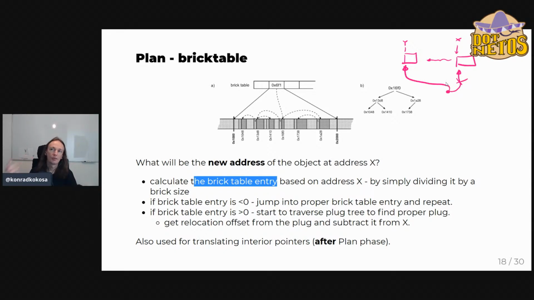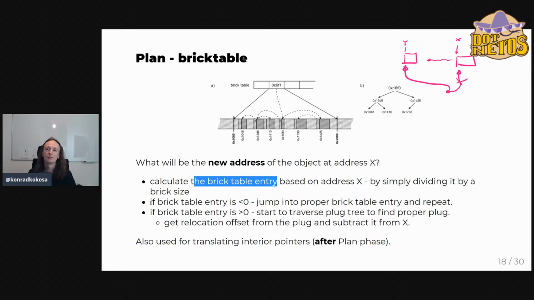But this is super easy because we are splitting the whole managed heap into 4 kilobyte memory regions. So if you have an address, you are just dividing this address by 4 kilobytes, and then you have the brick entry index, because every successive entry in the brick table is the next 4 kilobyte memory region being covered. So this is super fast.